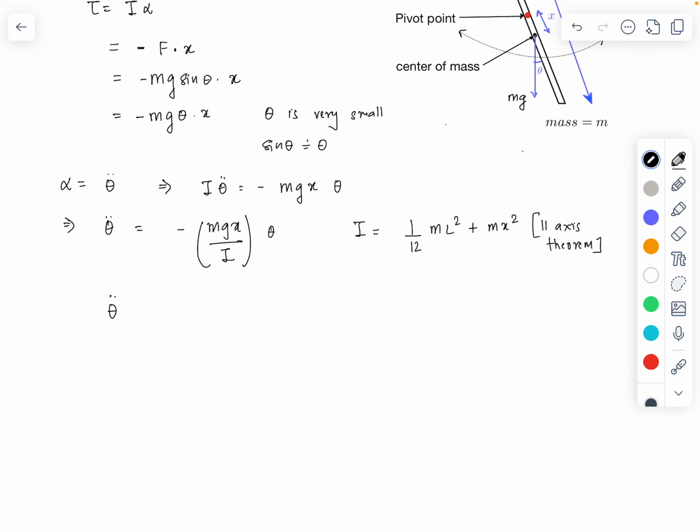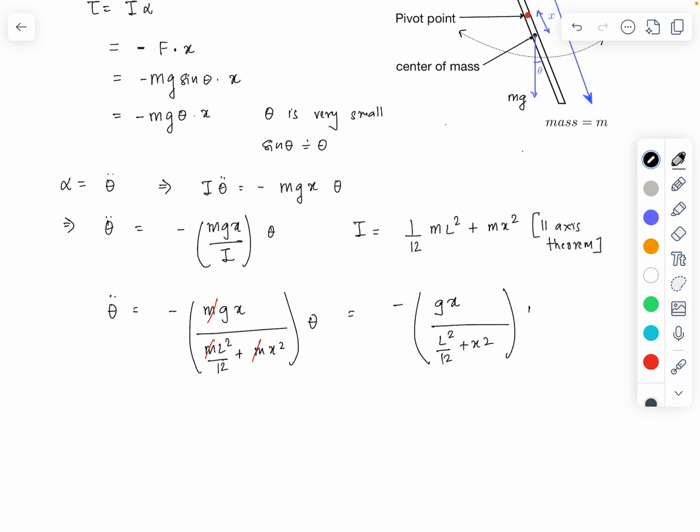We get theta double dot equals minus mgx divided by (mL squared divided by 12 plus m x squared) times theta. And the nice thing here is that the masses cancel out in the numerator and the denominator, and therefore we are left with minus gx divided by (L squared divided by 12 plus x squared) times theta.